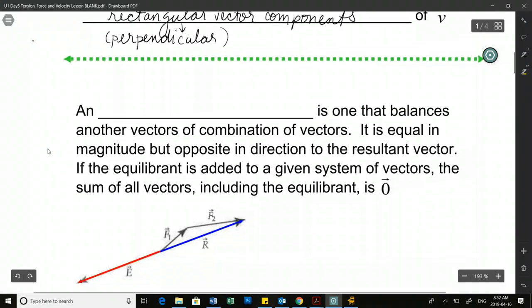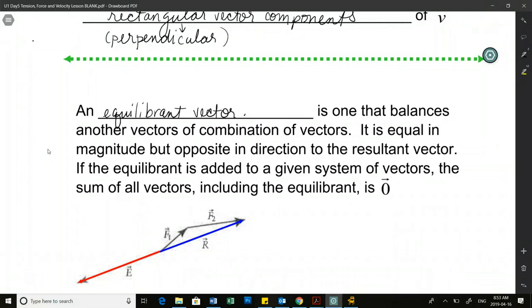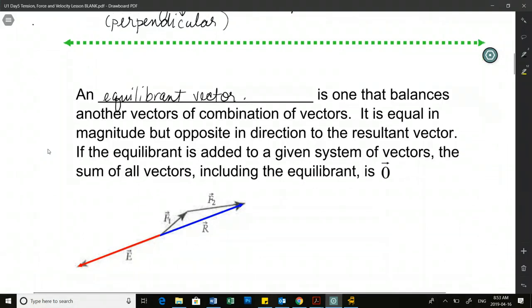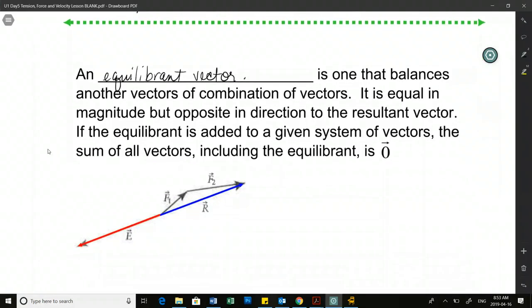Okay, the other thing that we need to know is called an equilibrant vector. I always say this wrong. Equilibrant. And this essentially is just the word for the vector that counteracts the forces of a combination of vectors.